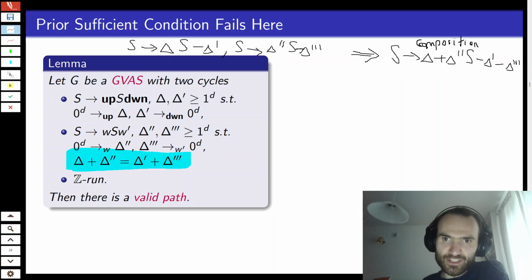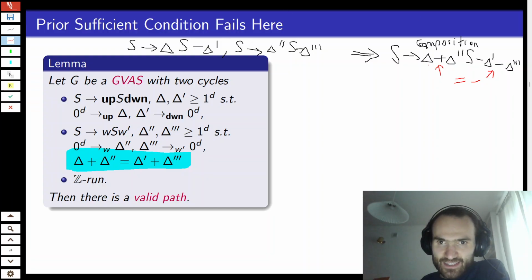Okay, but now what's the point about this one? Well, we can use the condition here. This here equals minus the right hand side, or the sum of the two sides is 0.